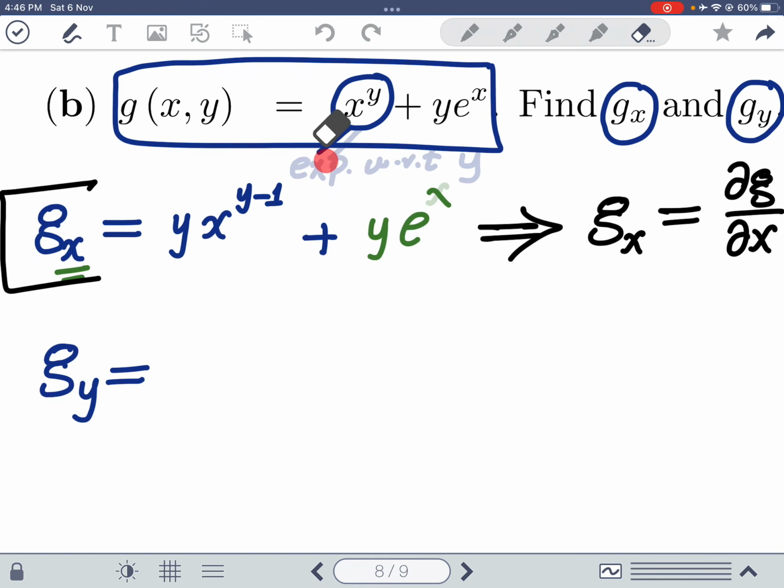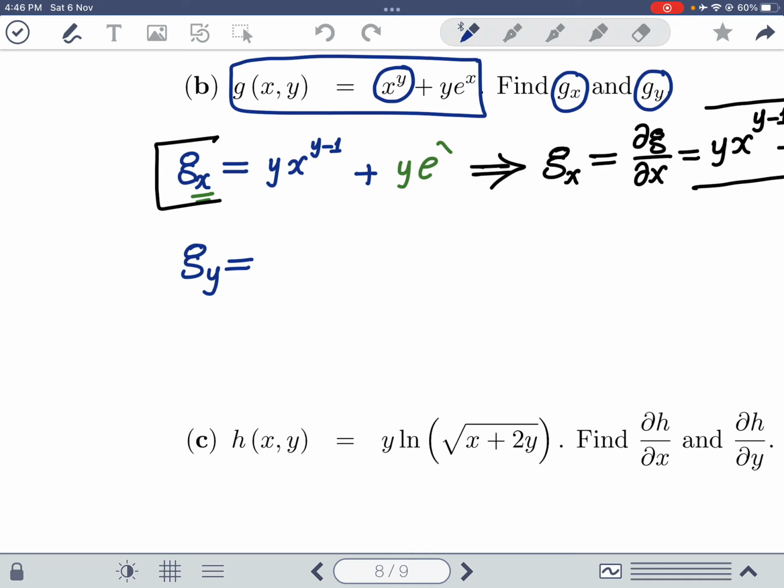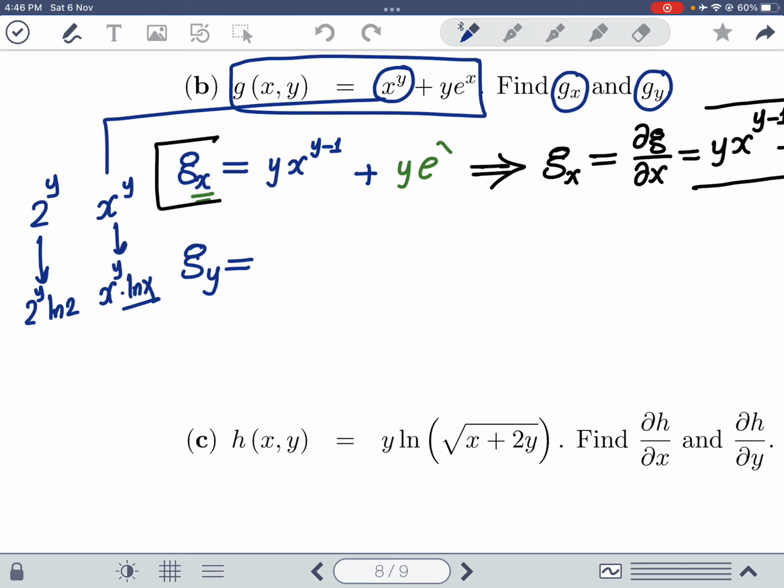Just like if it was 2 to the power y, the derivative with respect to y would be 2 to the y ln 2. So x to the y, it will be the same, x to the y, but ln x. That is with respect to y.